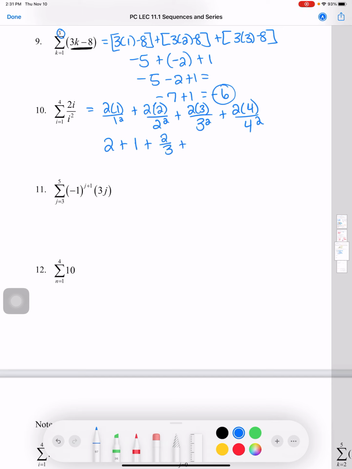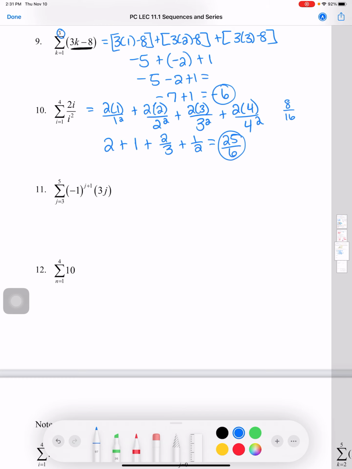And then I end up here with 8 over 16, which gives me 1/2. If I add all of that together, that gives me 25/6 as my answer. So it's not really different than what we did before. The actual expression has a little bit more moving parts, but the idea is the same. We substitute.